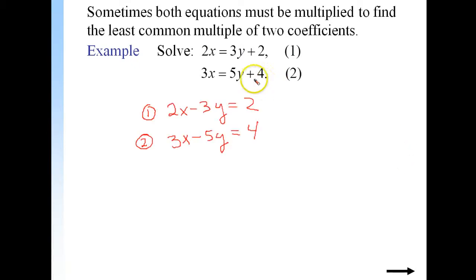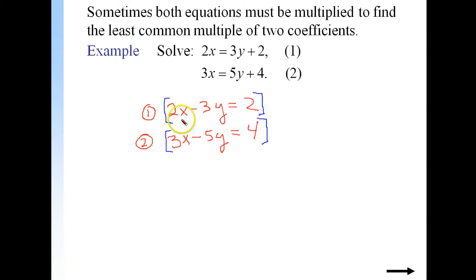Because we said the first thing to do in solving these is to put it in standard form. So I just transposed the y's, and I got this. Now what I have to do is, what do I have to multiply this equation by and this equation by so that something will cancel out?